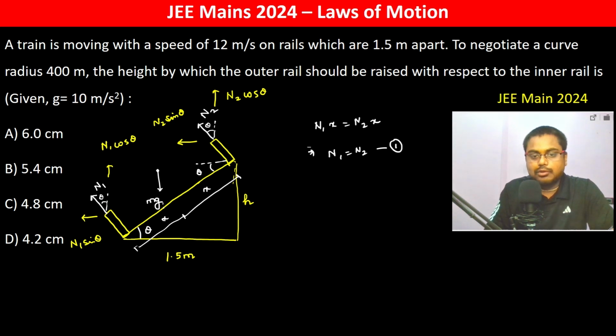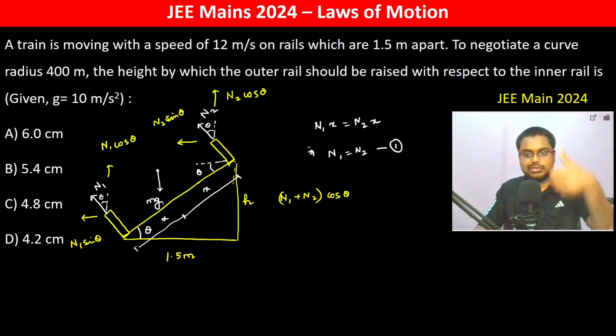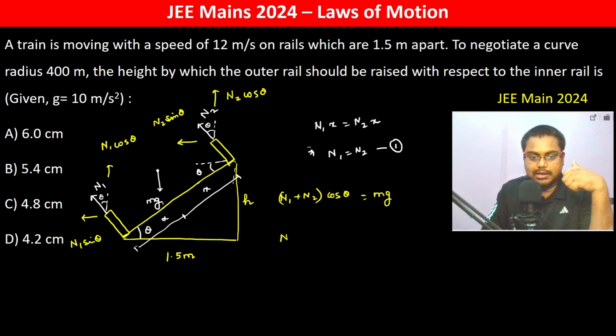Now again, for equilibrium, n1 plus n2 cos theta, which is the force in upward direction, this should be equal to mg, and n1 plus n2 sin theta is equal to mv square by r second, and this is that.